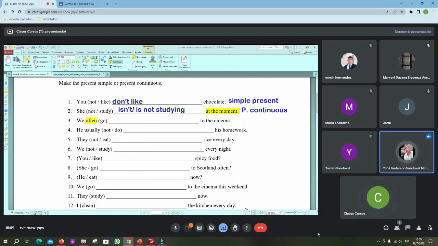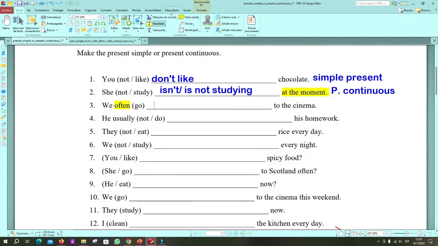We often going. Okay, to the cinema. In that case, Jeffrey, the thing is that you have often. And remember that often is a frequency adverb. Do you remember frequency adverbs, right?